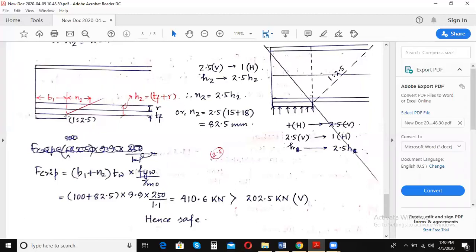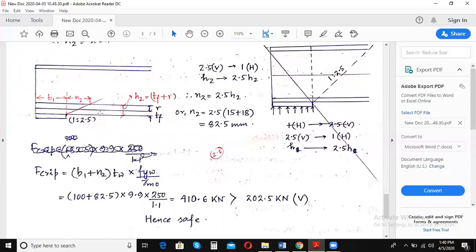So the load dispersion due to the stiffener takes place at a slope of 1:2.5 up to which length? From the bottom of the flange to the root. This is my flange and this is my root, right? So this load dispersion should take place at a slope of 1:2.5 from the bottom of the flange to the bottom root of the beam.